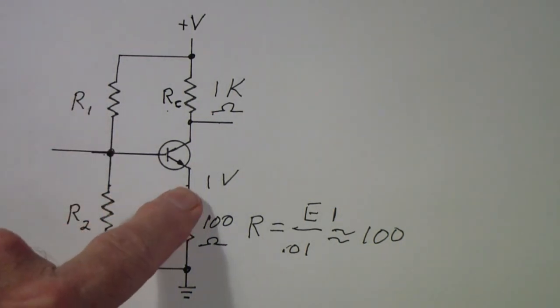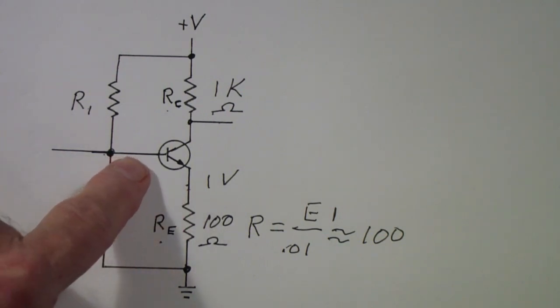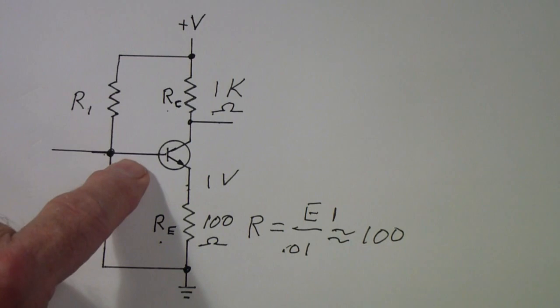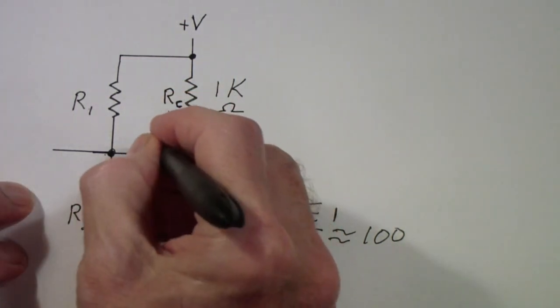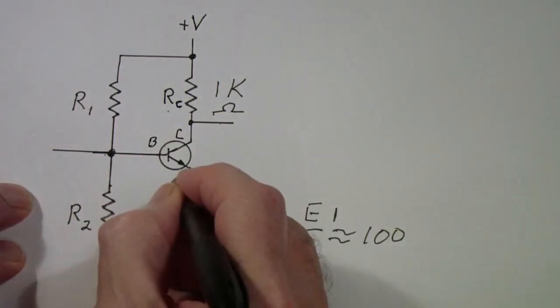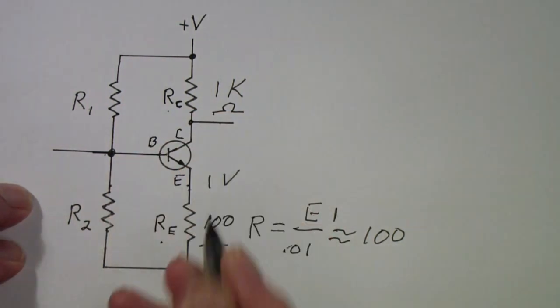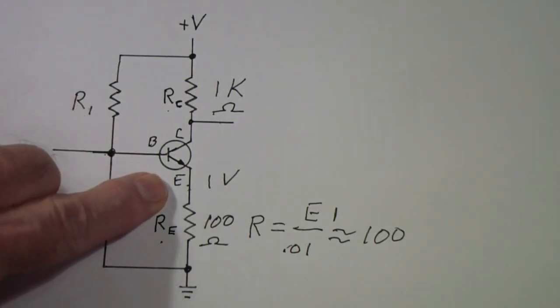We know it's a volt here, so if we can figure out how much voltage there is across the transistor from base to emitter. And let me draw in those letters. This is the base, this is the collector, this is the emitter. So it's the base to emitter voltage that we're trying to determine.